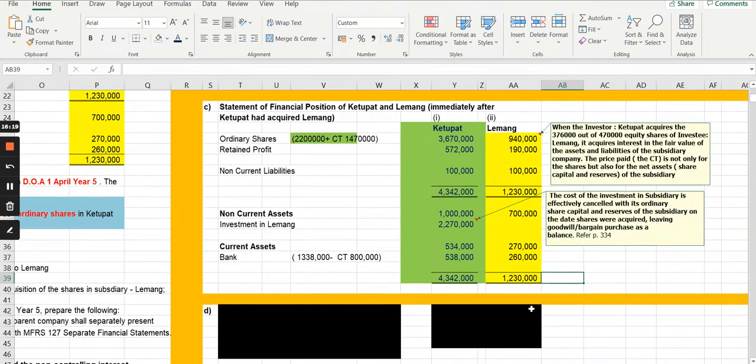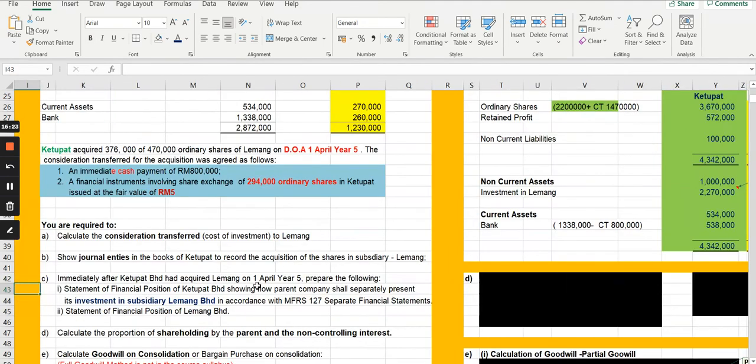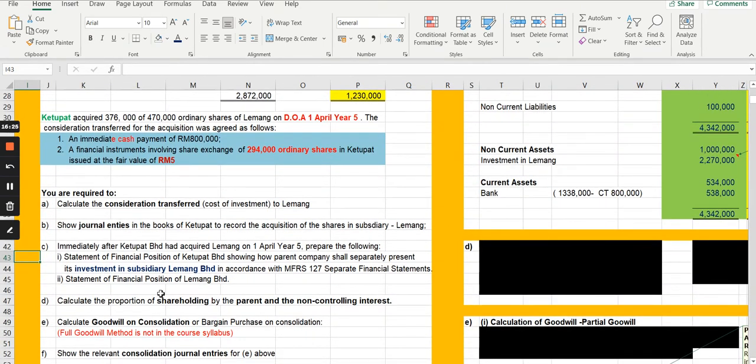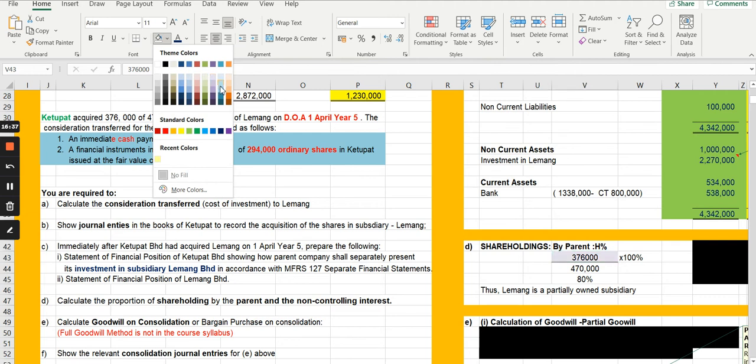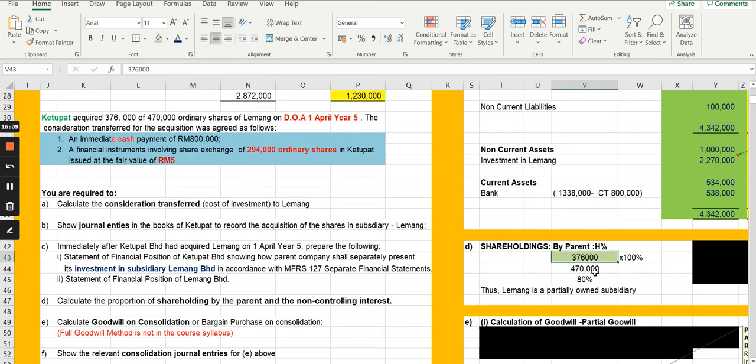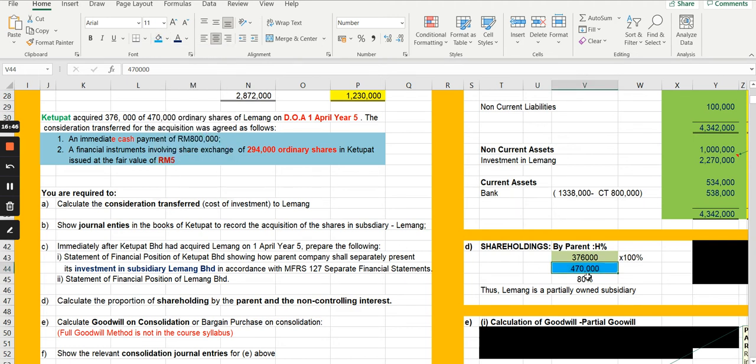Okay, next we do the last requirement, which is to calculate the proportion. I'm doing the first one for the parent. The number of shares acquired is 376, and the number of shares in the subsidiary is 470.